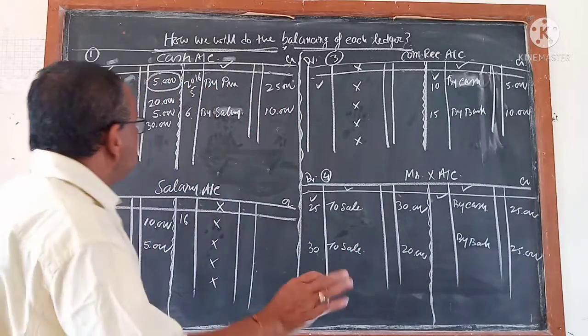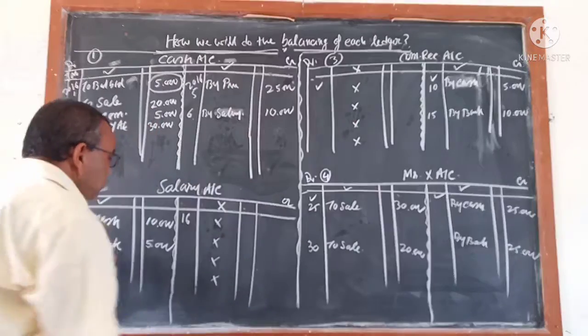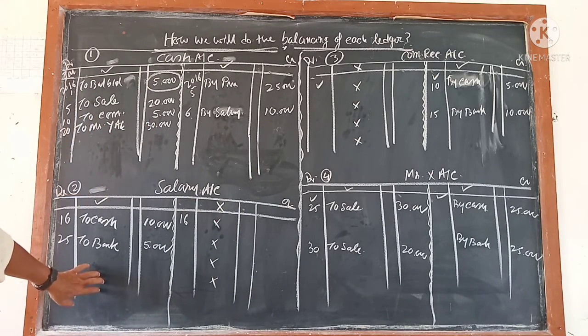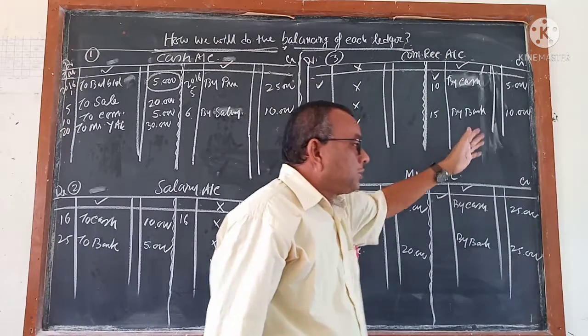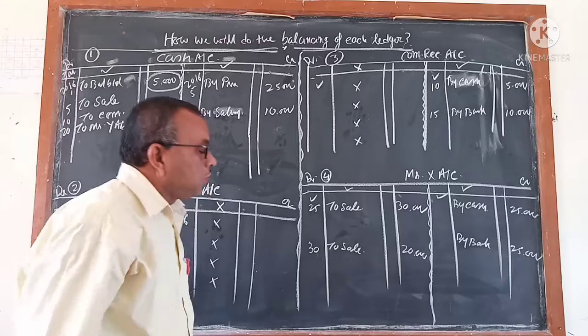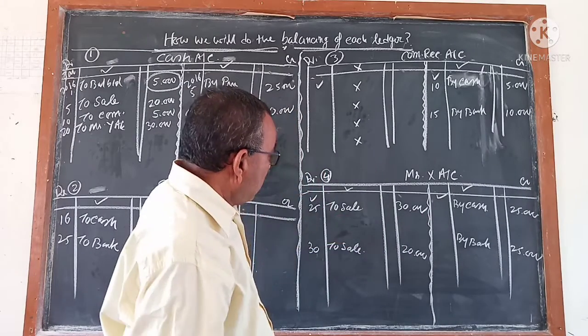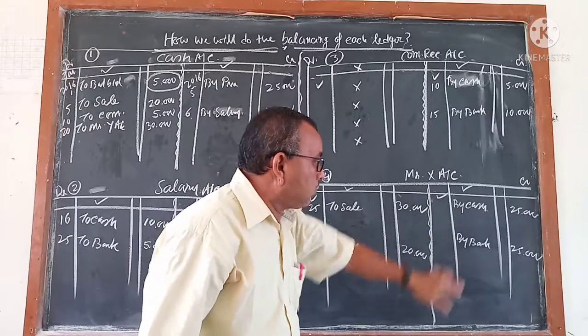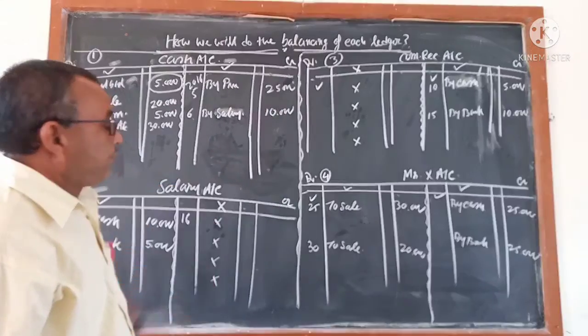That means in some of the ledgers you will get the posting of both the sides. In some of the ledgers you will get the posting of one side, the debit side. In some of the ledgers you will get the posting of only the credit side. And in some of the ledgers you will get the posting of both the credit and debit, like that. But the total of debit and credit will be the same. Here, the totals of debit and credit are not the same.